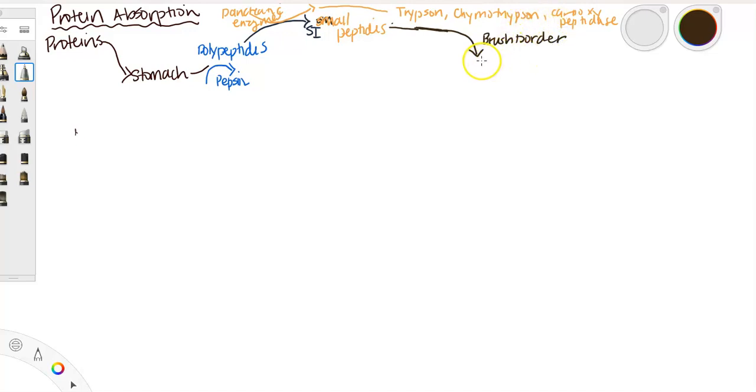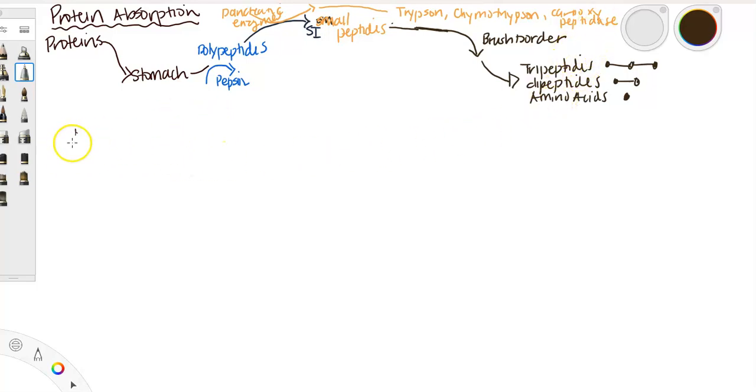And at the brush border, these small peptides are turned into tripeptides, dipeptides, and amino acids. So tripeptides, so 3 amino acids there, 2 linked, or just amino acids.